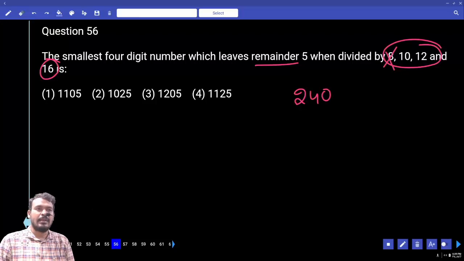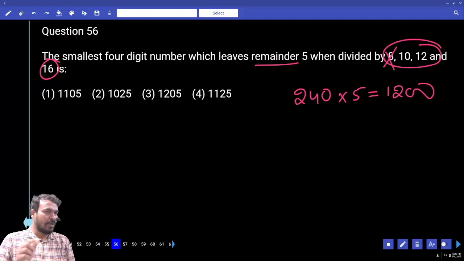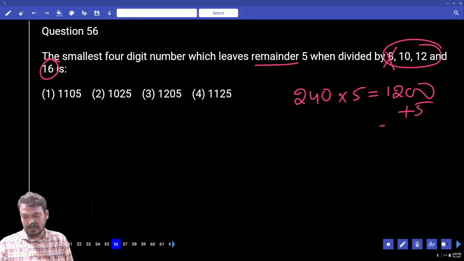What is the LCM? 240. Definitely the number must be a multiple of 240. 245 is how much? 1200. Okay, 1200 plus 5 or 1200 minus 5? 1200 plus 5. What is the total answer? 1205.